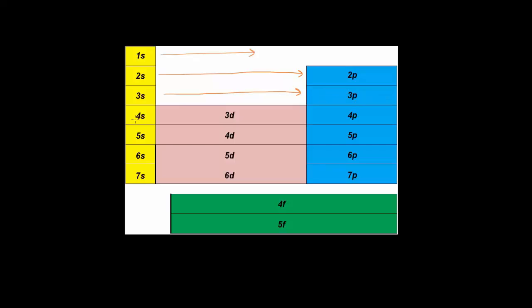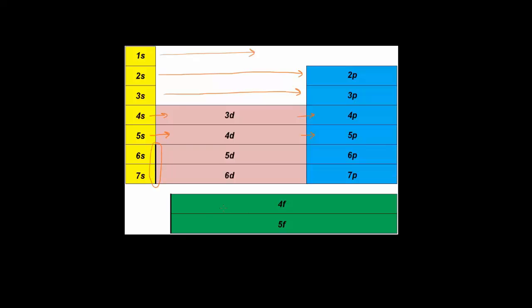Then 4s up to 2, and 3d all the way up to 10. Then 4p up to 6, 5s up to 2, 4d up to 10, 5p up to 6, then 6s up to 2, and then there's this little block here.